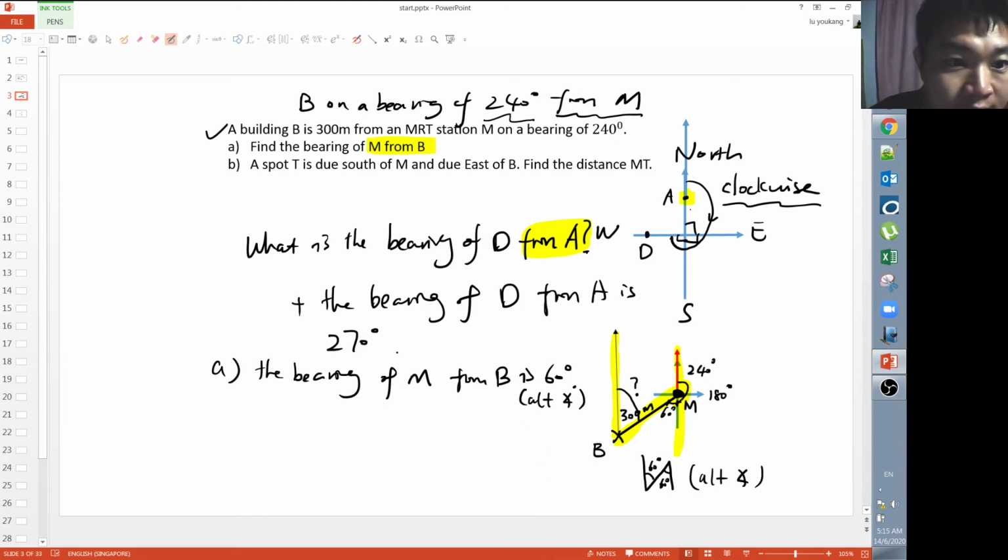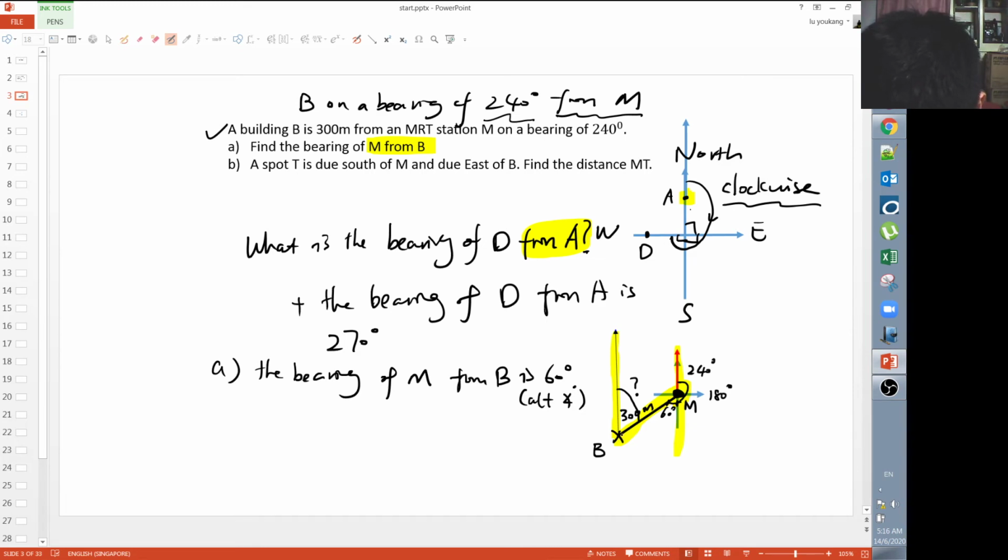Next, it says a spot T is due south of M. So let me erase some of the stuff here. So M is here, due south means it's somewhere below M. And then due east of B. So this spot T should be somewhere here.